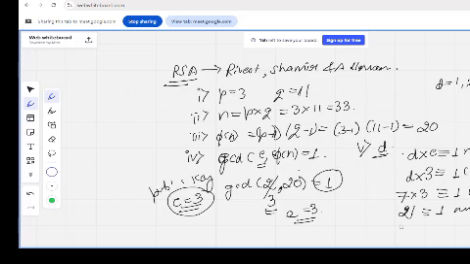Suppose we are doing modulus of 21 by 20. 21 mod 20, we get the remainder 1, and that is what we want, the remainder 1. How do we solve 21 mod 20?